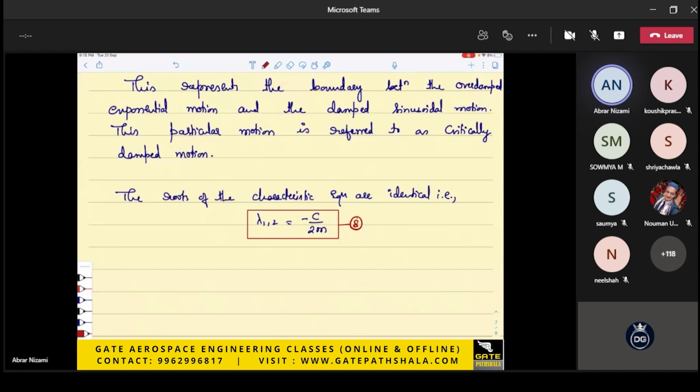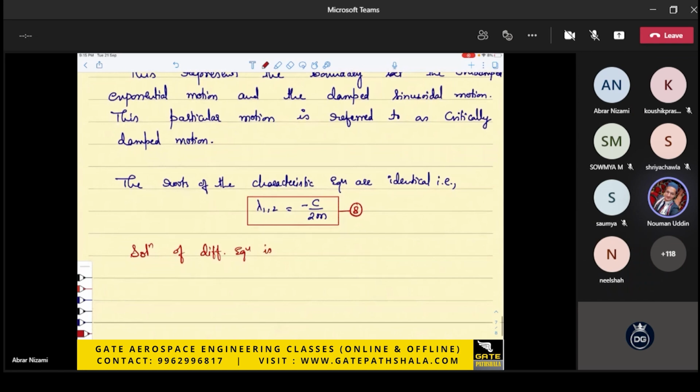So when the roots are equal, what is the solution of the second order differential equation? C1 plus C2t, and e to the power lambda t. Very good.